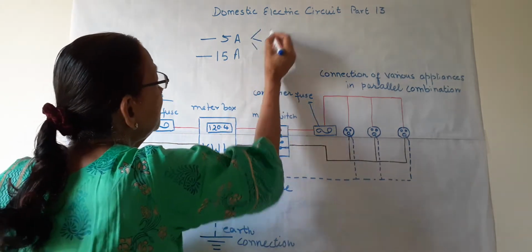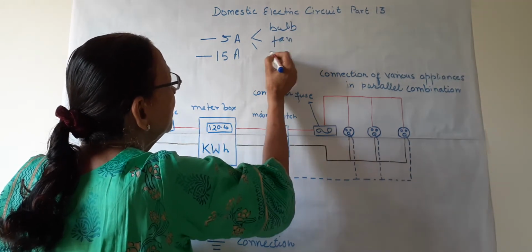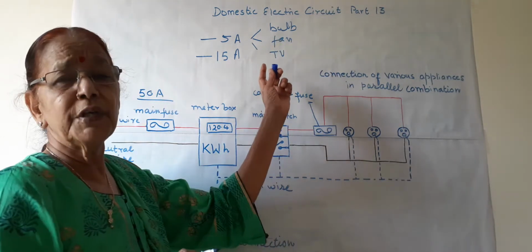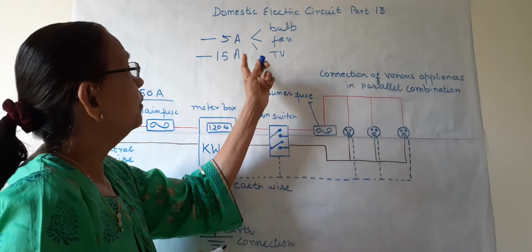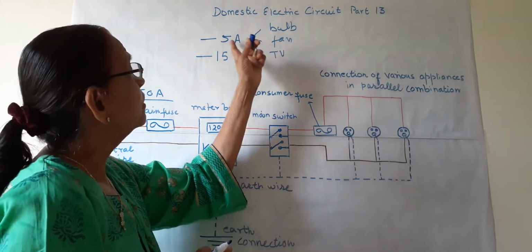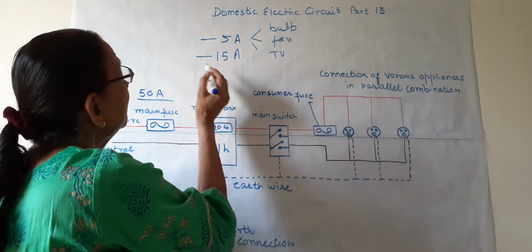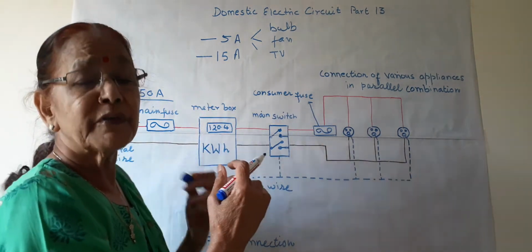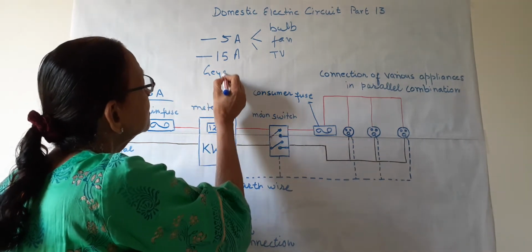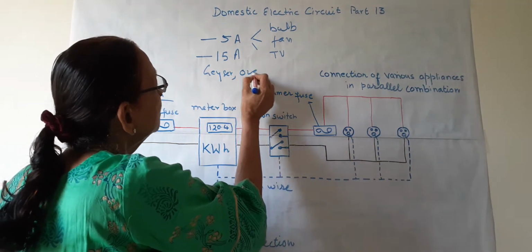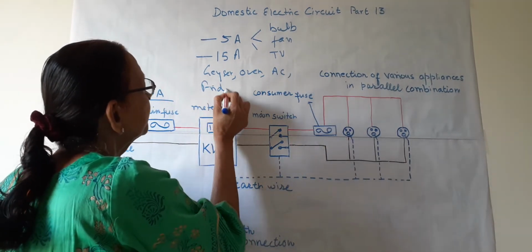This 5 ampere is for bulbs, fans, TV set, etc., which consume less energy and less power. So they are lower rated, so 5A will be sufficient for them. This 15A is for gadgets which consume higher energy, higher power, like geysers, oven, AC, fridge, etc.